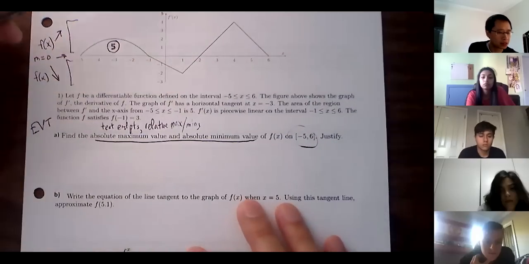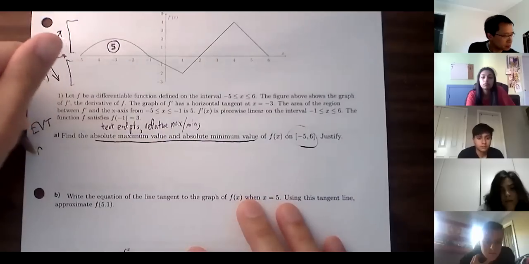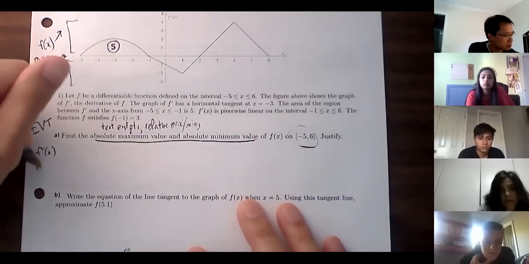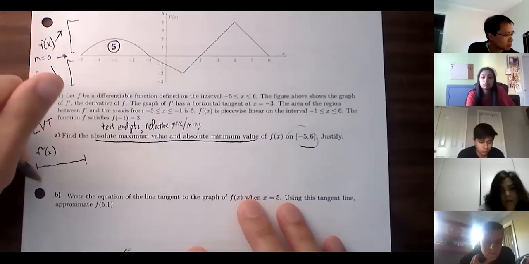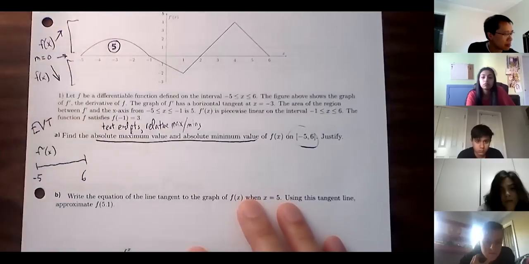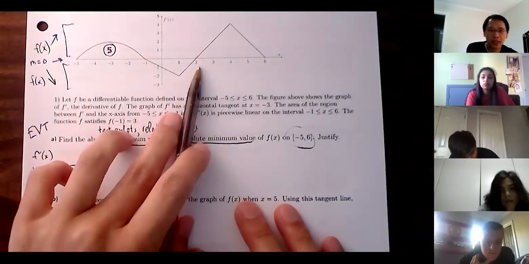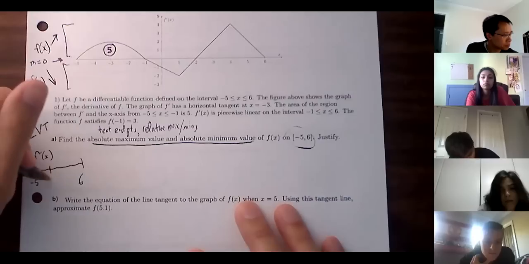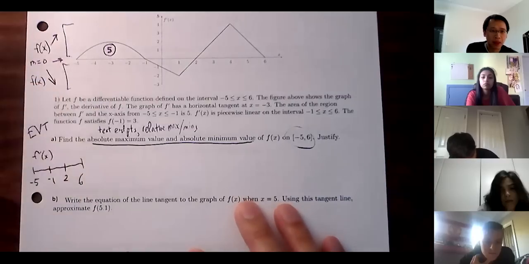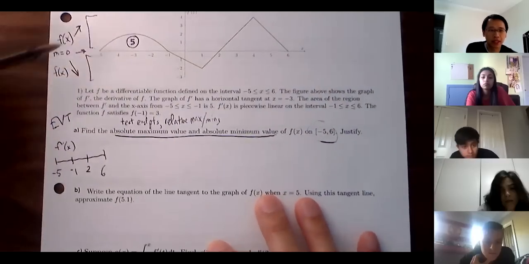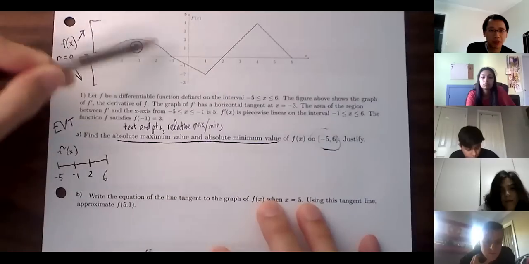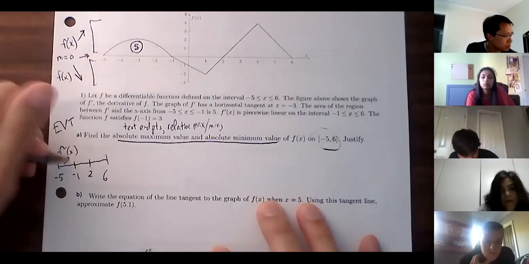So we can create a slope sign line. And our critical points are at -1 and at 2. And then we try to fill in our slope sign line, right? We see that this region is above the x-axis, so positive slope.